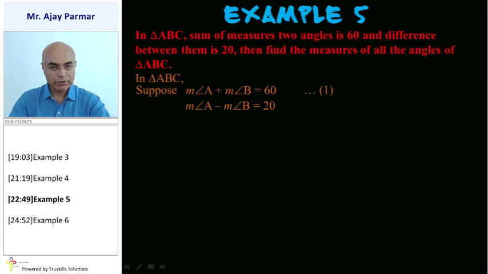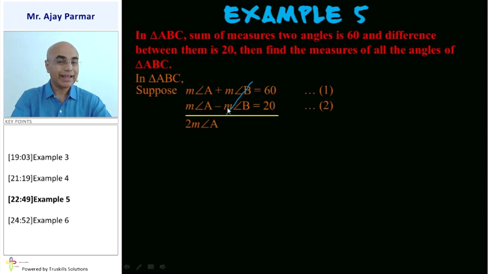Now I'm expected to find out each and every one of the angles of this triangle. So what I'm going to do is I'm going to add up these two equations. That is, when we add up these numbers, measure angle A plus measure angle A, that is going to give us 2 measure angle A, plus measure angle B minus measure angle B, that will get cancelled, and plus 60 plus 20, and that is going to give us plus 80.